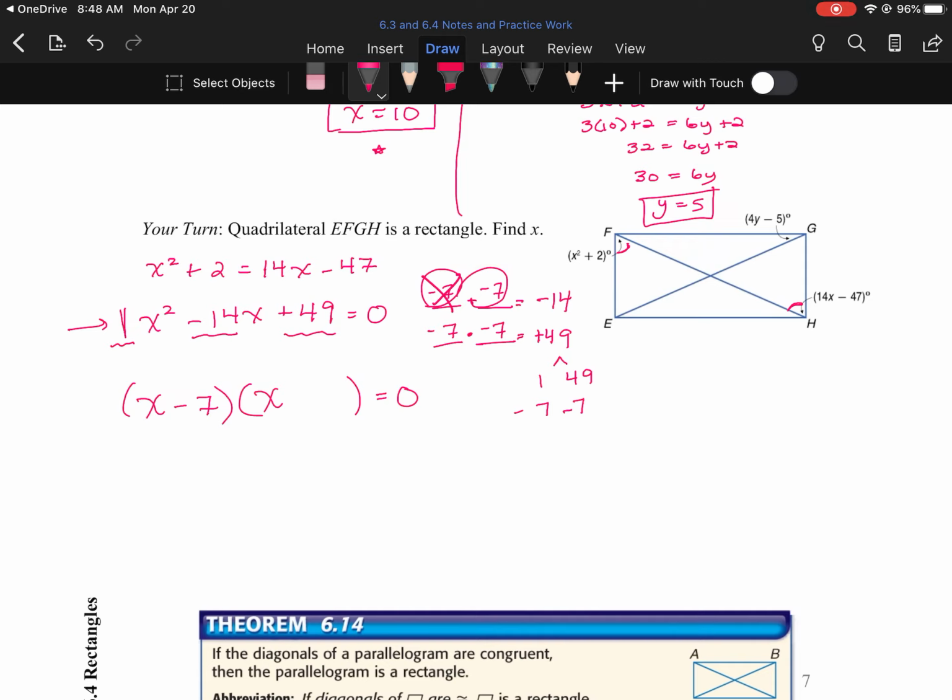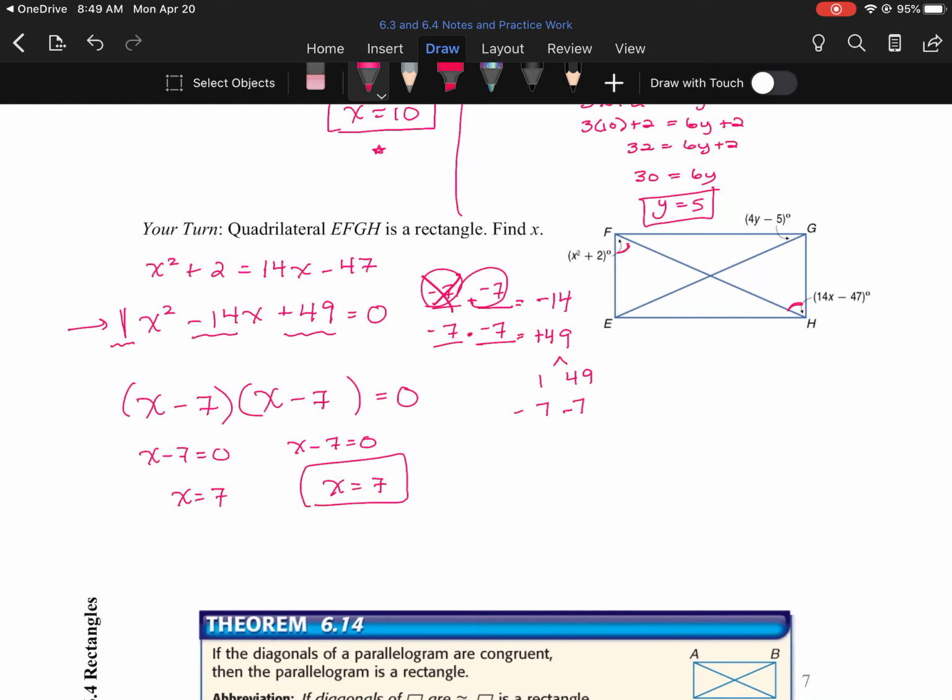Since this one is a negative 7, that becomes x minus 7. That's the hard part. The easy part is solving this. So now you just set each of them equal to 0 and then solve. So we get x equals 7 and x equals 7. So guess what x is equal to? 7. You can get two different answers, but in this case we just got one of the same.